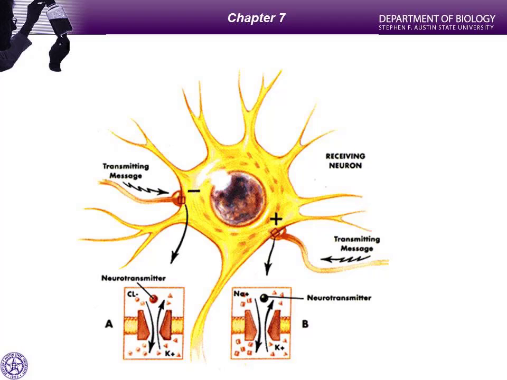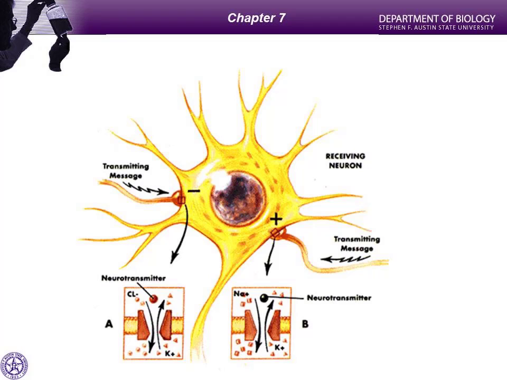They're just going to nullify each other, and you'll stay at that same potential. But if you have a greater excitatory potential or a greater number, then it can overcome that negative signal. And once you reach the axon hillock, if this is strong enough, then you can get your action potential.